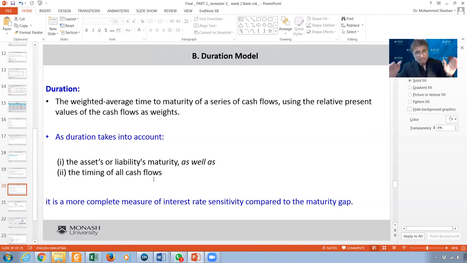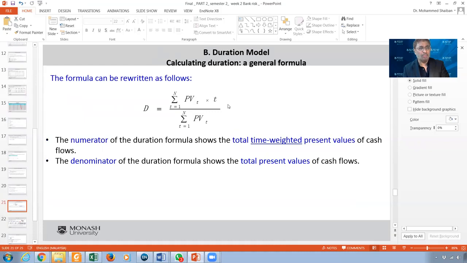The model was constructed in a way that it takes the cash flow and decreases the timing. So the loan shows 3 years, but the duration model will take it as less than 3 years if there is cash coming through the time. This is the formula actually.